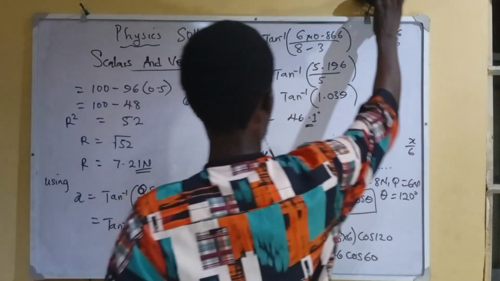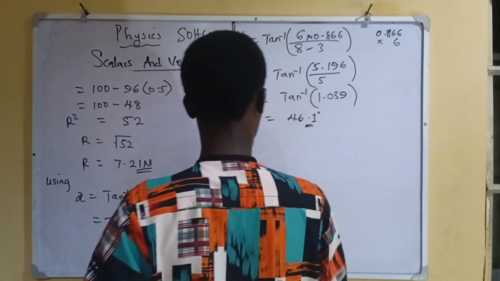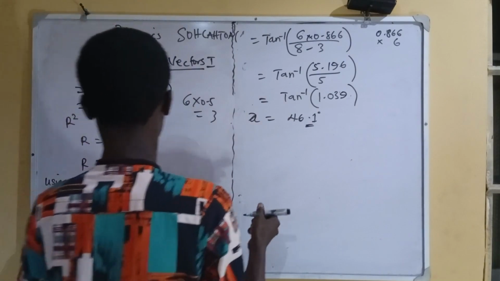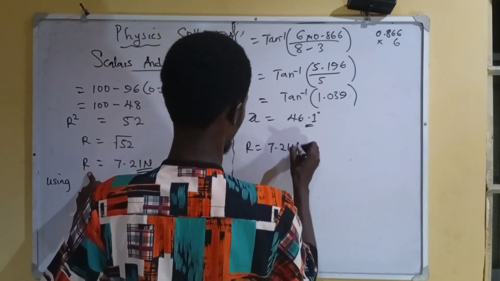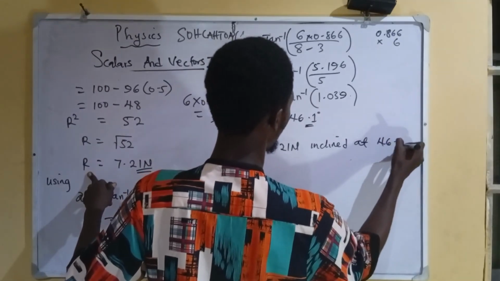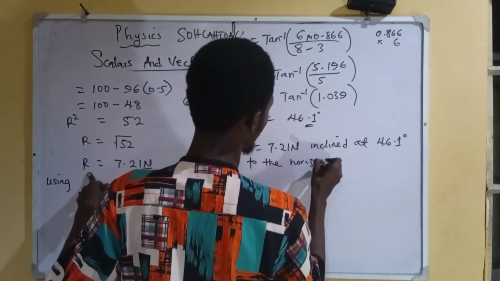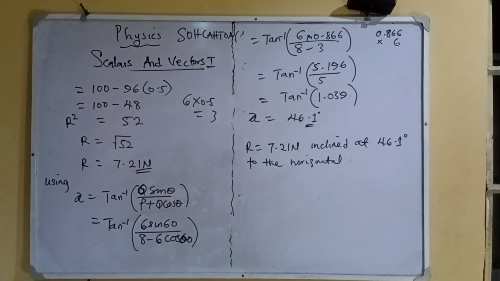So what we have gotten so far is that the resultant vector, what is the resultant vector? 7.21 Newton. The resultant equals 7.21 Newton inclined at 46.1 degree to the what? To the horizontal. All right, so that is how to solve this type of question. When you come across this kind of question, it's very, very simple.